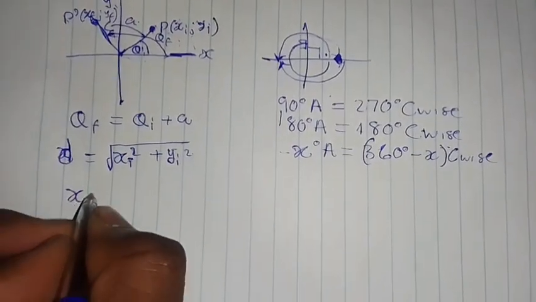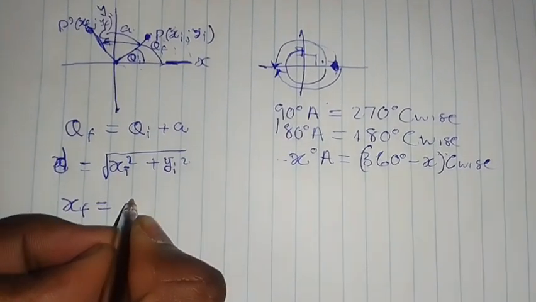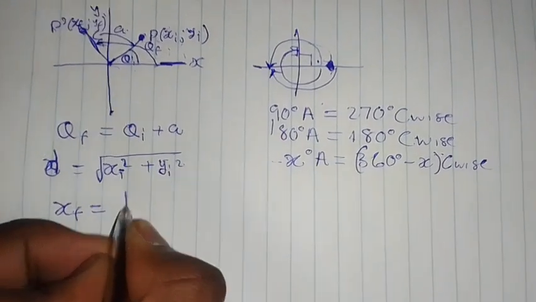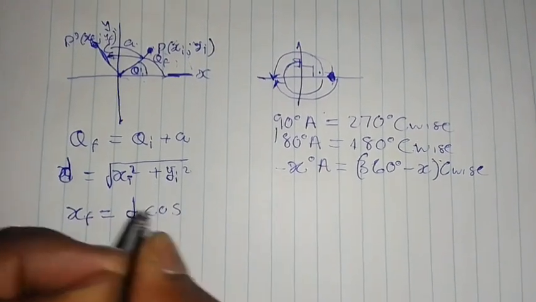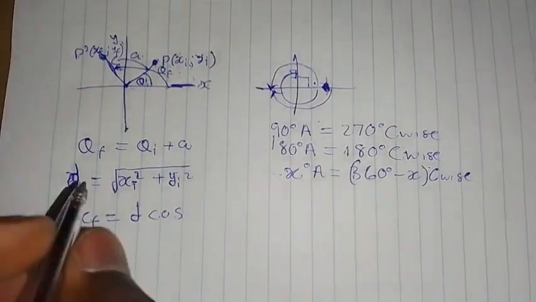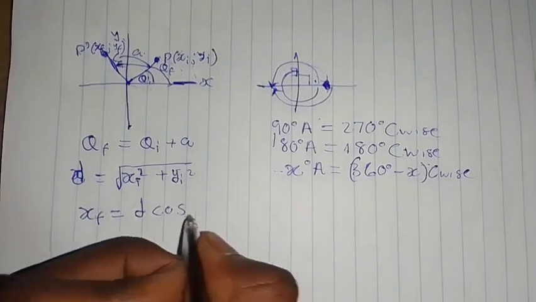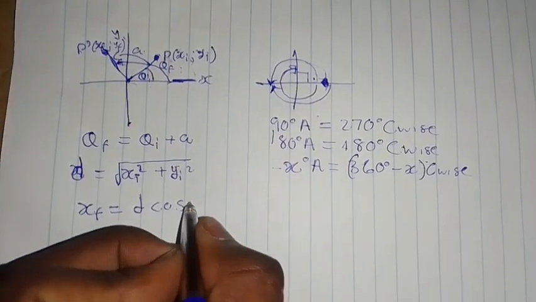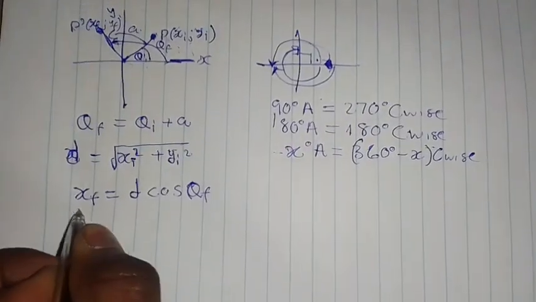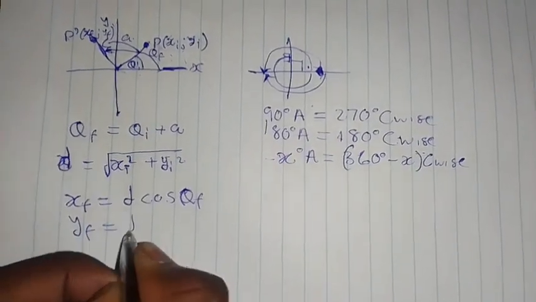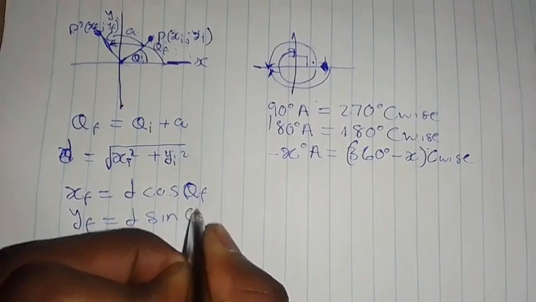Now x final is going to be d cos theta final, and y final is going to be d sine theta final.